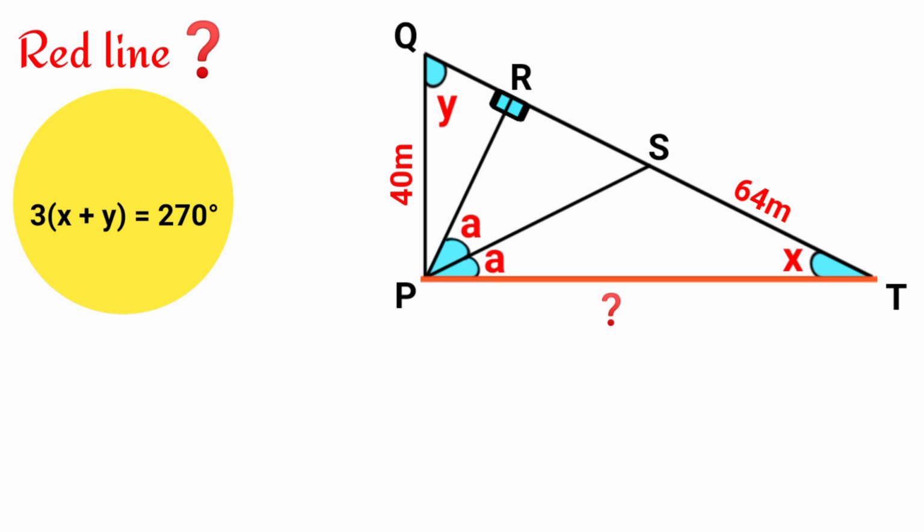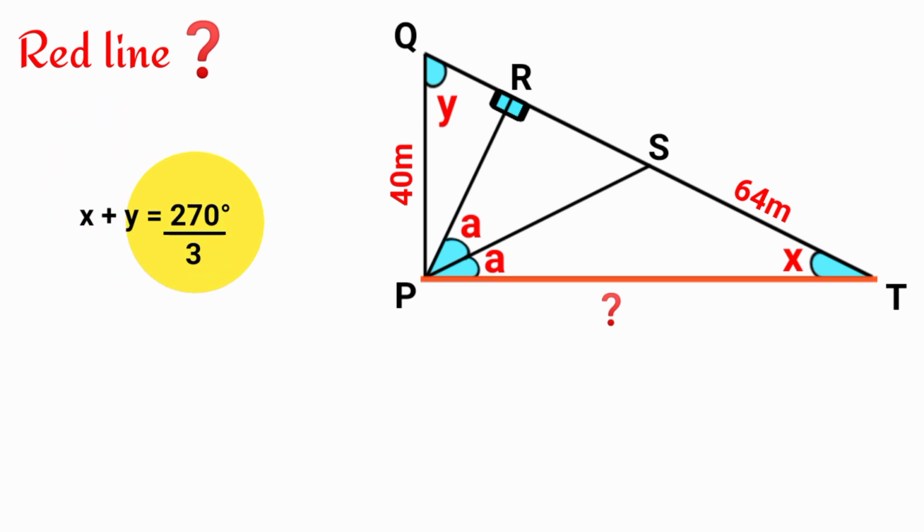So 3 open bracket x plus y equal to 270. Divide both sides by 3. Here 3 cancels 3, while 270 degrees divided by 3 is 90 degrees. So x plus y equal to 90 degrees. That is, the sum of this angle y and this x is 90 degrees.